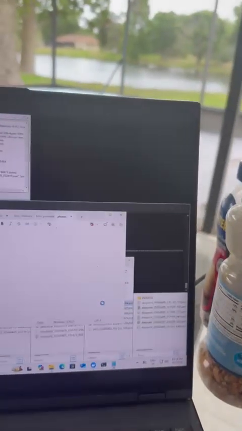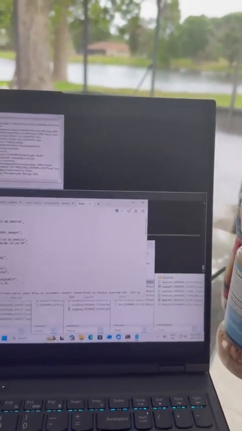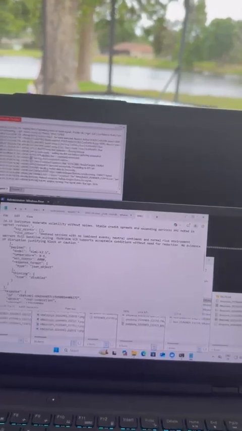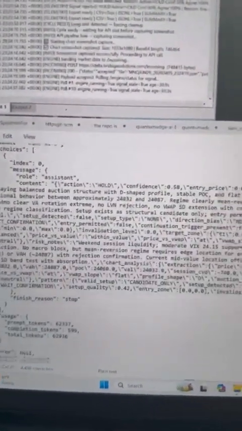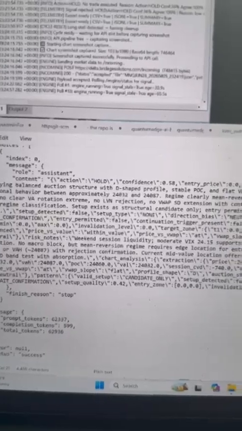Okay, so let me see. You see the Kimi reasoning here again.